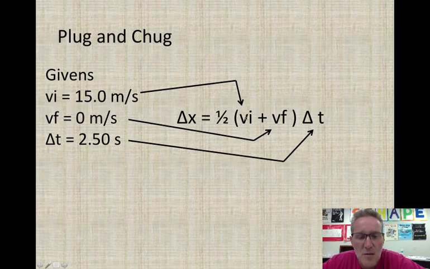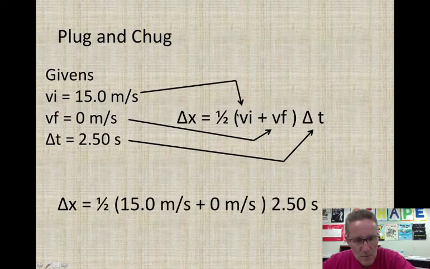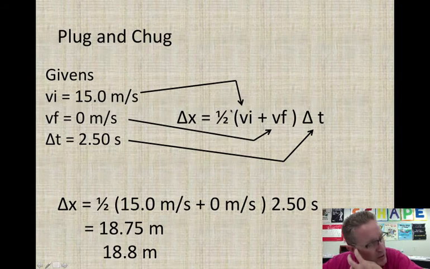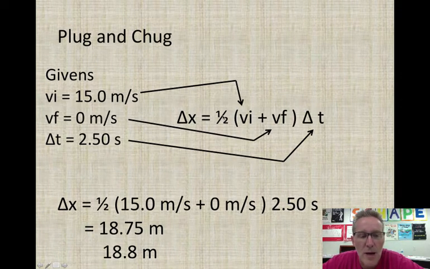The velocity initial goes where VI goes, the velocity final goes where VF goes, and the change in time is 2.5 seconds. Then we do our math, and the initial answer is 18.75 meters, which rounded to correct significant figures is 18.8 meters.